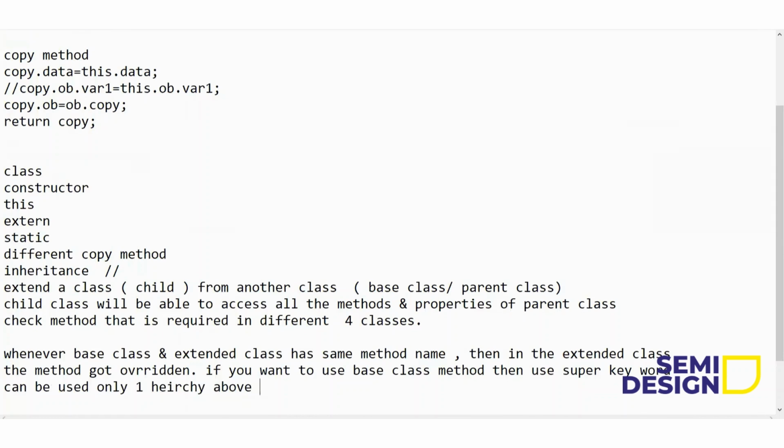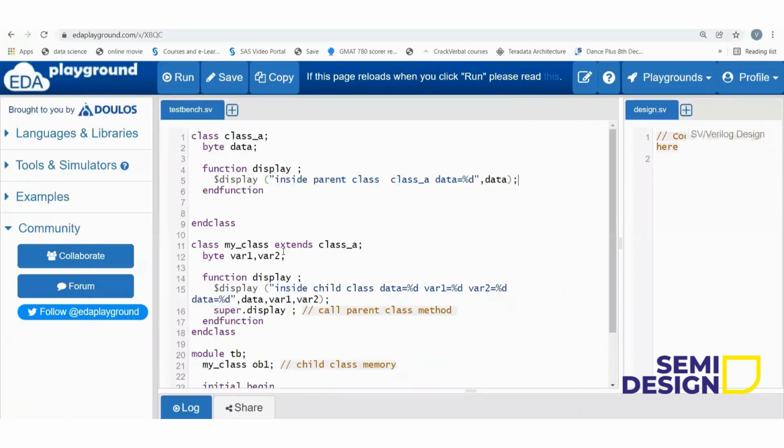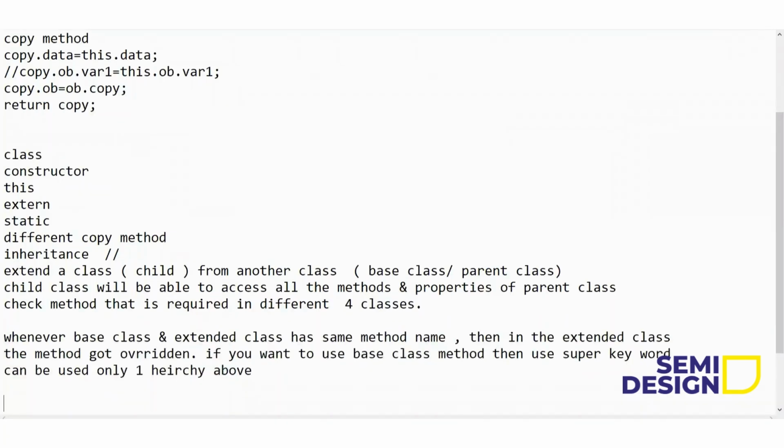Okay, so now the thing is here, I am able to access the parent class methods using a child class object, right? This is normal. I am able to access parent class methods using a child class object or child class instance.